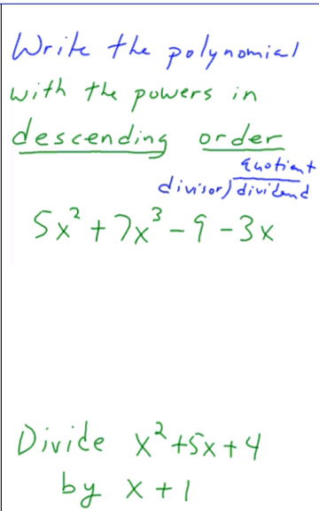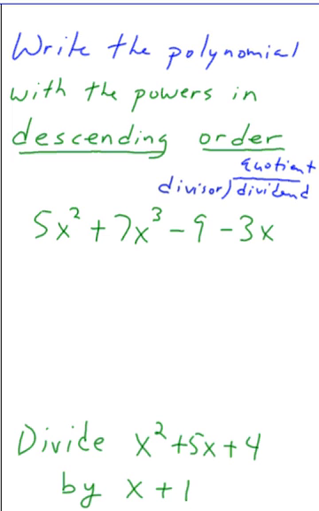Whenever we're doing long division with polynomials, we always want the dividend and the divisor to be in descending order of the powers. So let's make sure we know how to do that. Write down this polynomial as is, and then write it in descending order of powers: 5x squared plus 7x cubed minus 9 minus 3x.